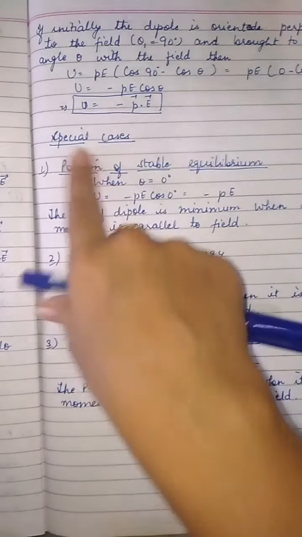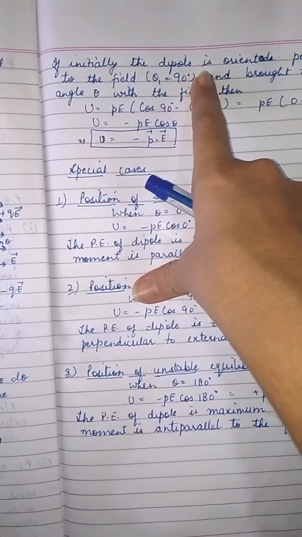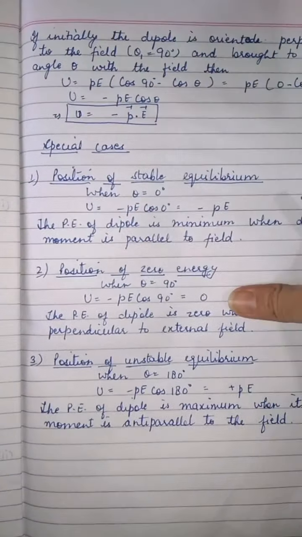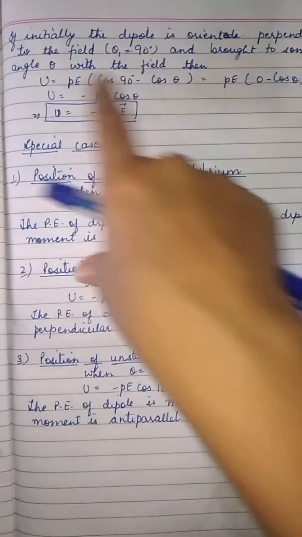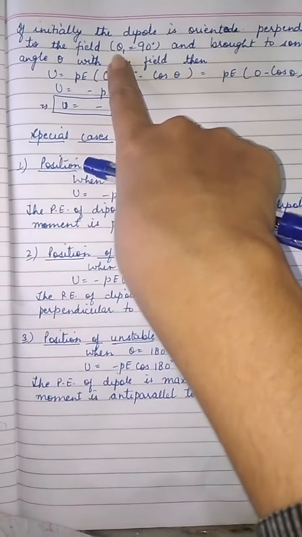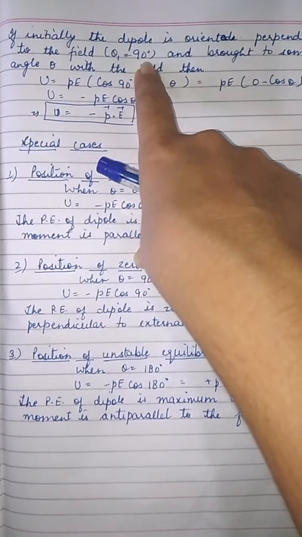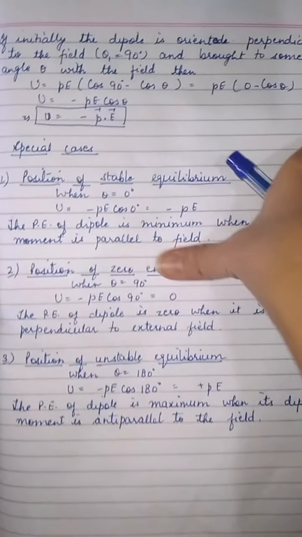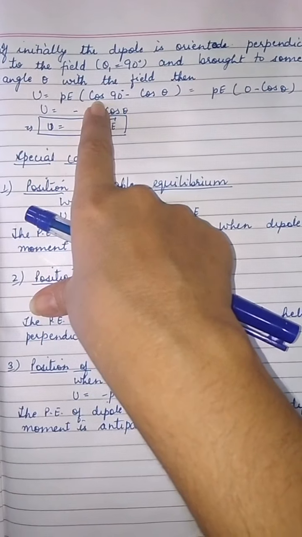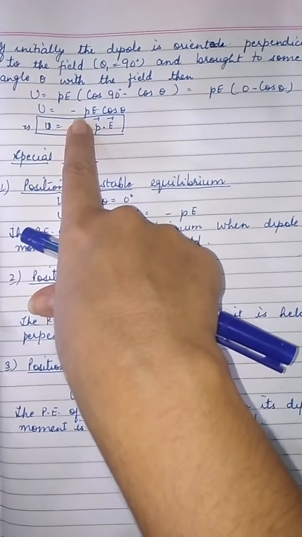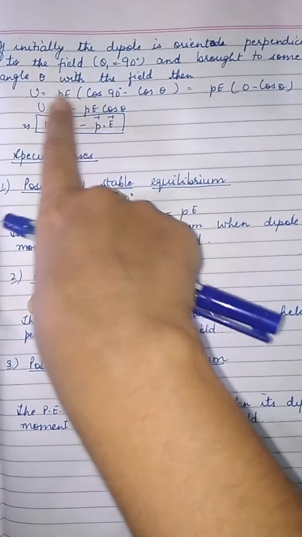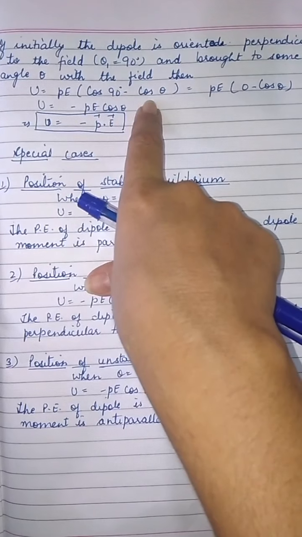Now consider that initially the dipole is perpendicular to the field, that is theta 1 is equal to 90 degrees, and it is brought to some angle theta with the field. Then U is equal to pE (cos 90 minus cos theta).